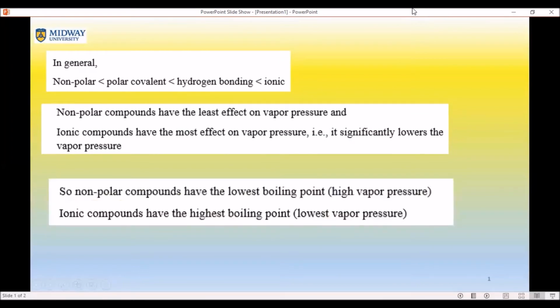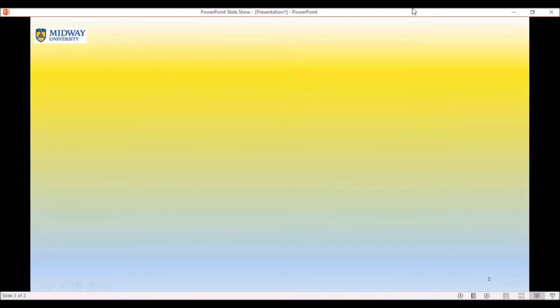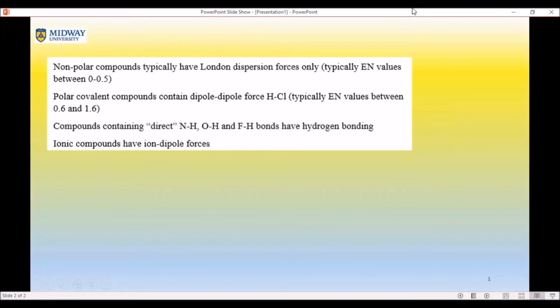So let me summarize in general. Nonpolar compounds have the lowest boiling point, that is, they have a higher vapor pressure. And ionic compounds have the highest boiling point, that is, they have the lowest vapor pressure, all right?